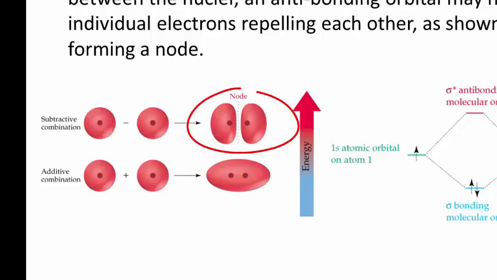Whereas an anti-bonding orbital is one in which the electron clouds repel each other, and you actually form a node. Now, if you think about this, this is not so unusual because electrons do repel each other. So you may have wondered before, why do 2 electrons want to share the same sort of space? Why wouldn't they repel? Well, they can share the same space if they have opposite spins, but if they don't, they may repel.